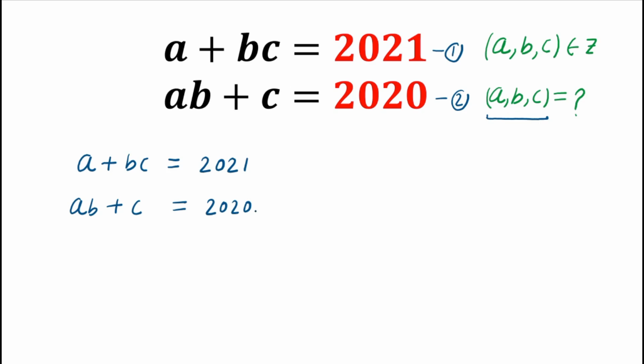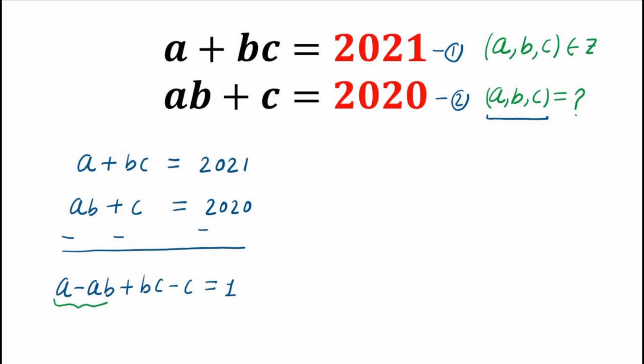Now subtract this equation from this, then minus and minus. Then a minus ab plus bc minus c equals 2021 minus 2020, which is equal to 1. Look carefully at the left hand side, these two terms and these two terms.